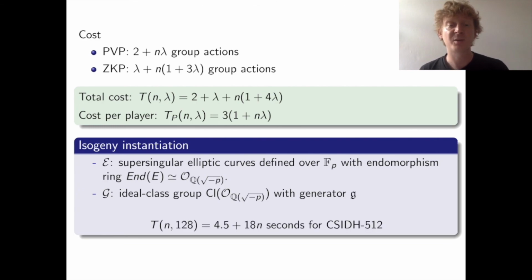So using the parameters from CSIDH 512, where the ideal class group has been computed recently, we find a time of 4.5 plus 18n seconds for n players, assuming we have lambda to be 128. While this is not cheap, distributed key generation schemes generally only have to be performed once per operation, so it might still be worthwhile even if it takes quite long.